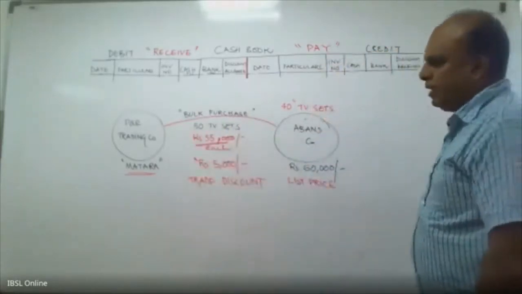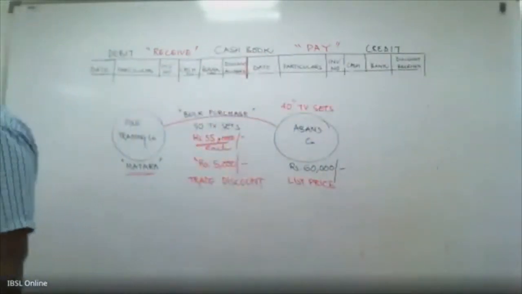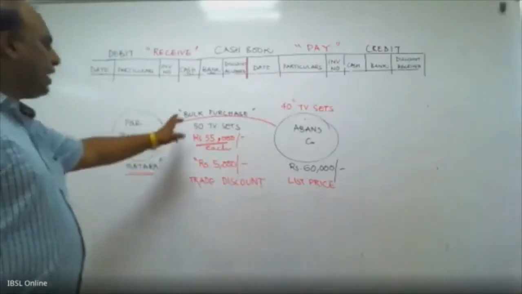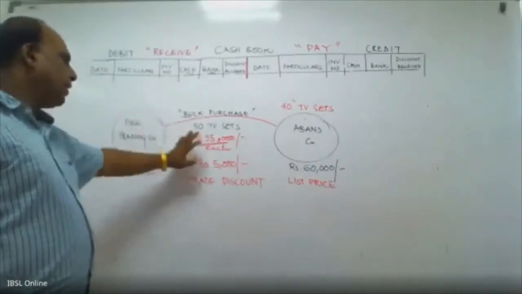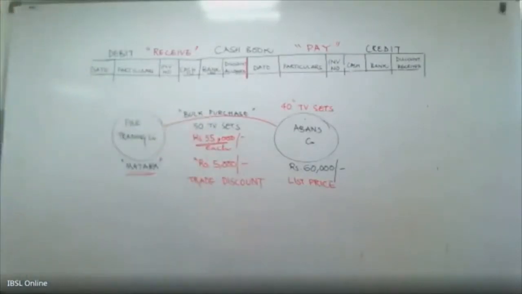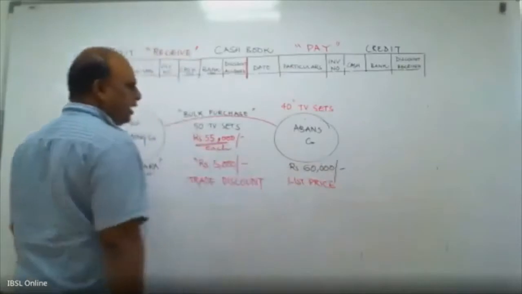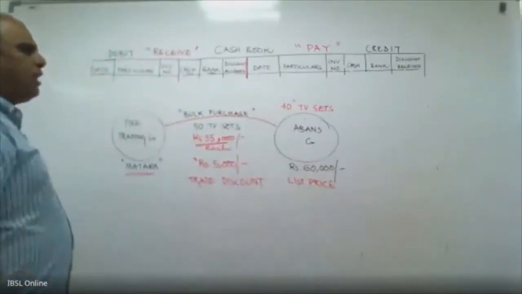But the problem here is this particular type of discount is a trade discount, where you have a reduction in the list price which doesn't involve any recording of the transaction in the books. Because this 60,000 is just a price that I had. I had a price tag, 60,000. I haven't recorded it anywhere.